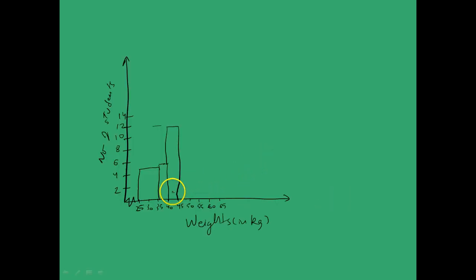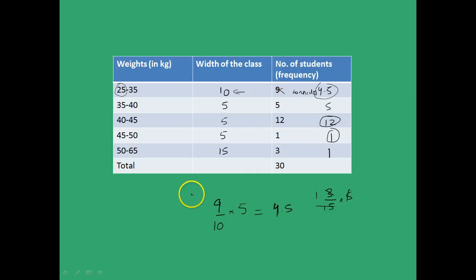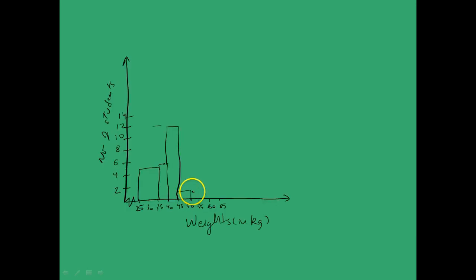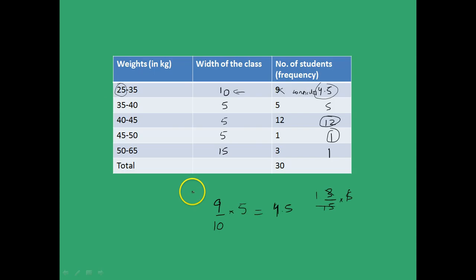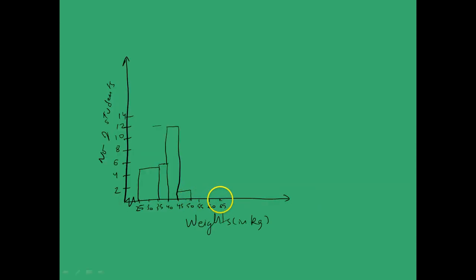Then you have 1, which is exactly here. Then again 1. Now this one is from 50 to 65. So 50 to 65 you have 1. You see how this is a better representation than us drawing 9 here.